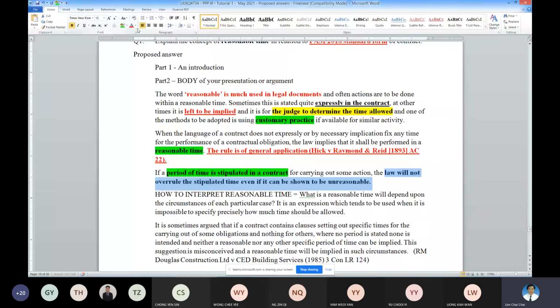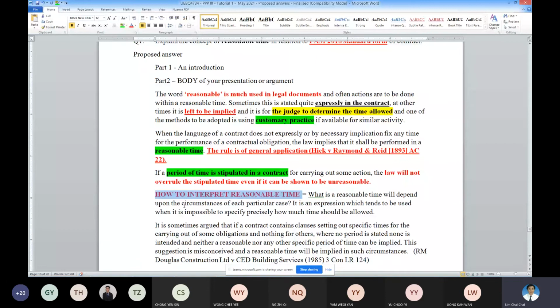So if there is none, then how to interpret the reasonable time? The judge will come in, no other people. Reasonable time depends upon the circumstances of the particular case. This is point number 1: it depends on the circumstances of the particular case, or on the customary practice.